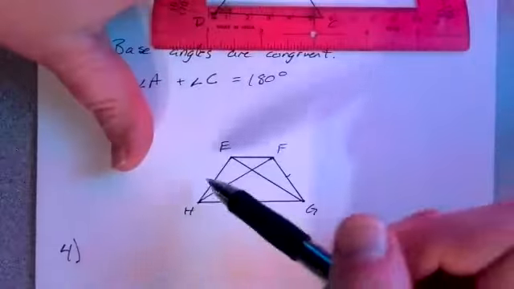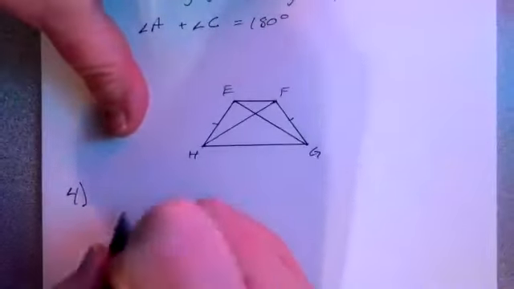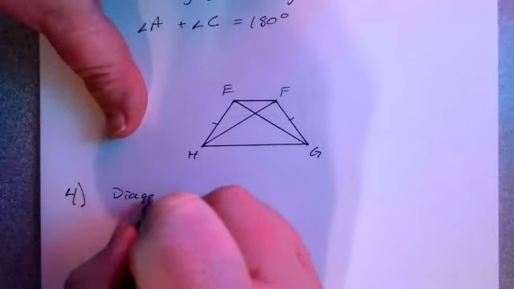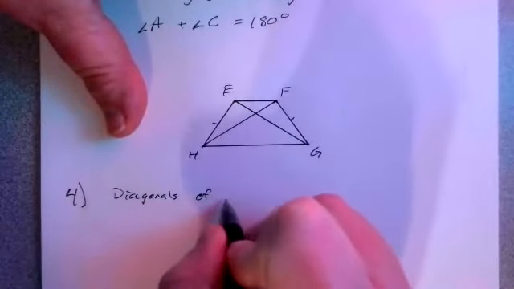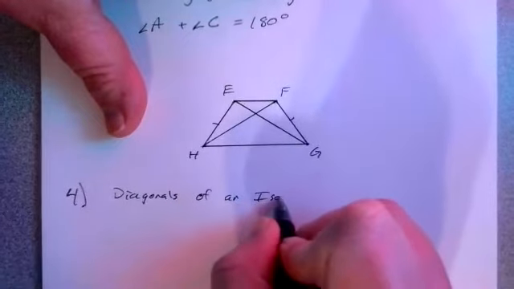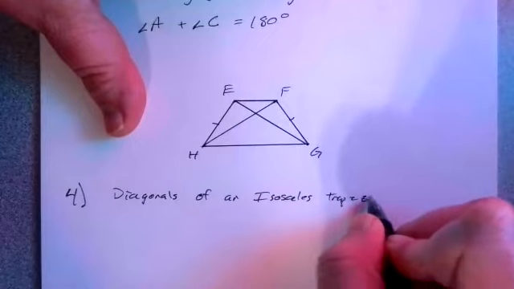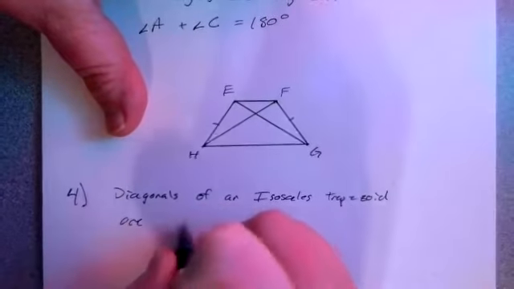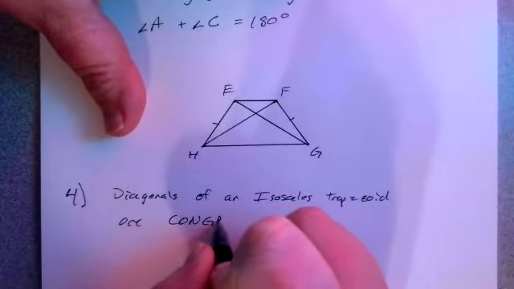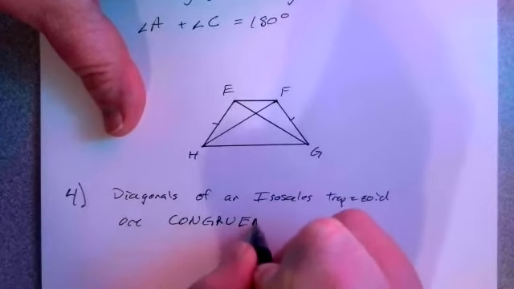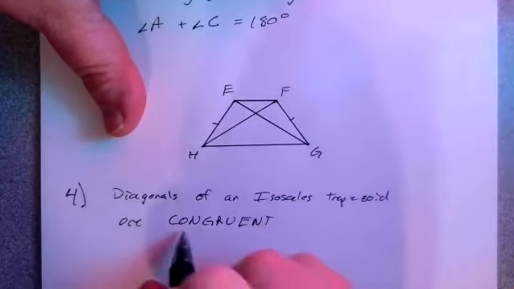So what we could say is the diagonals of an isosceles trapezoid are congruent. Congruent.